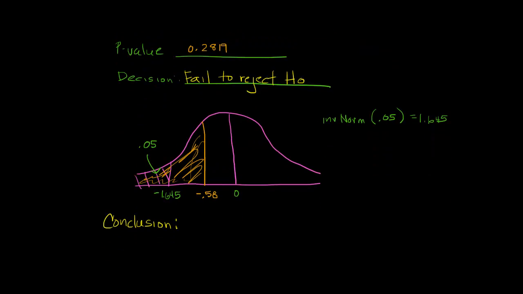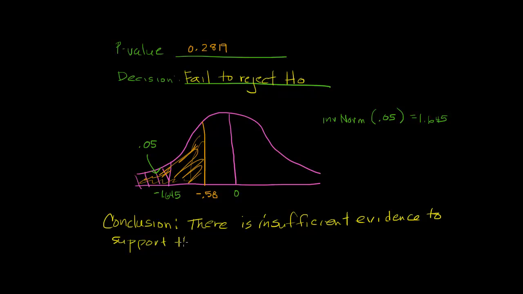So that tells us we begin with, there is insufficient evidence to support the claim that, and then we just look back. What was that original claim? It said that less than 10% of the test results are wrong.